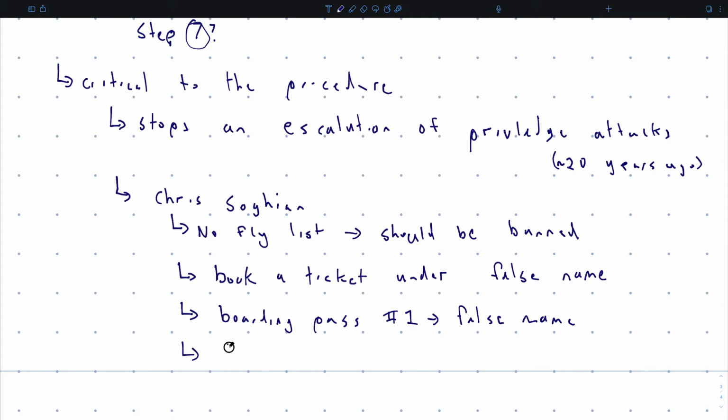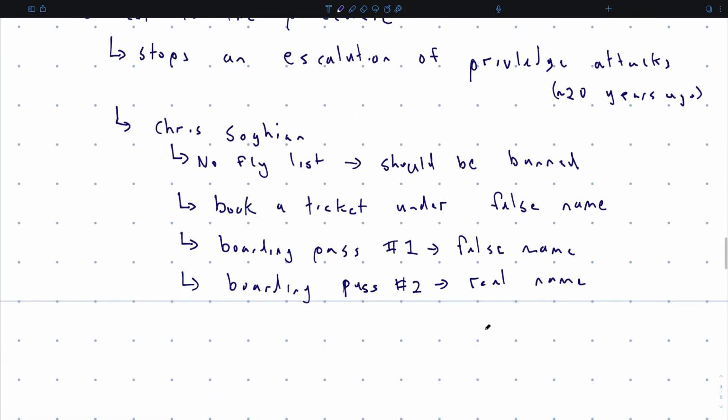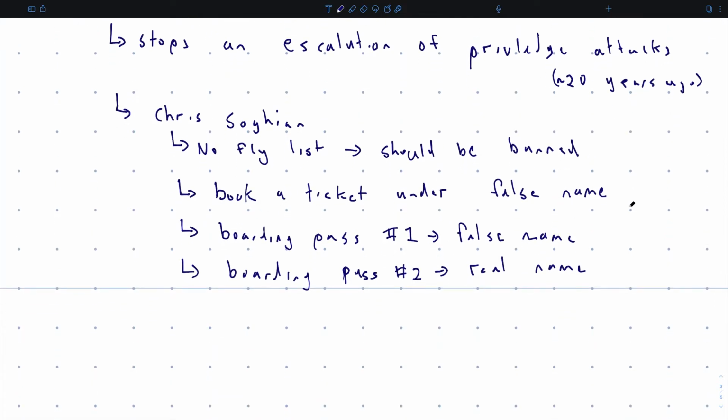And then you have boarding pass 2, which is in your real name. Okay, now because you booked the ticket under the false name, this is when the no-fly check happens. So you'll pass that.